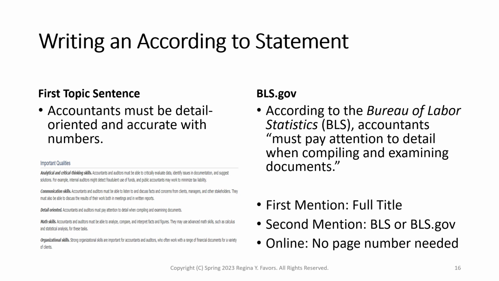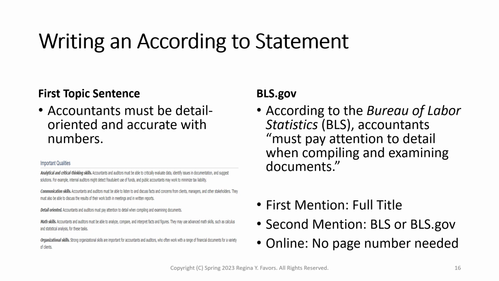So let's look at the first topic sentence: accountants must be detail oriented and accurate with numbers, and you can take some time to create another topic sentence. This screenshot here is from the Bureau of Labor Statistics after searching accountants and following that process.